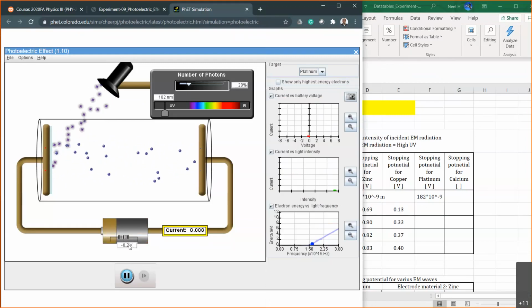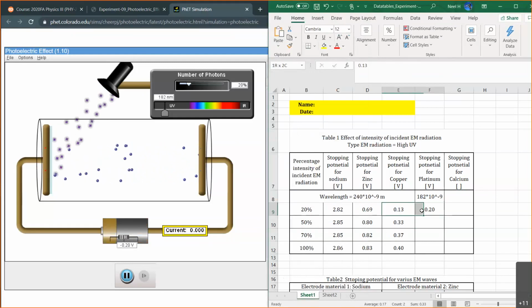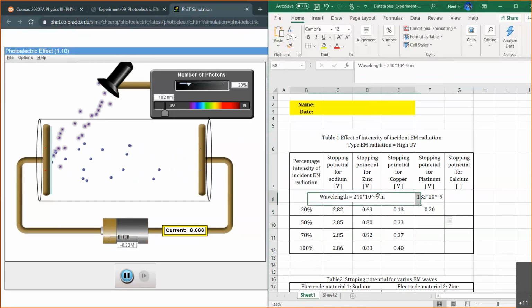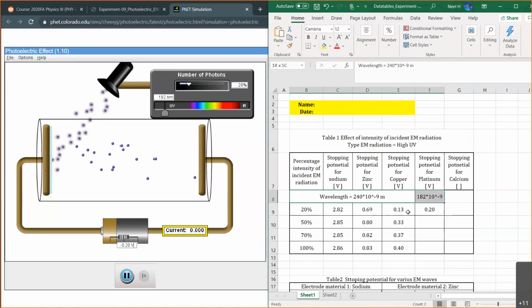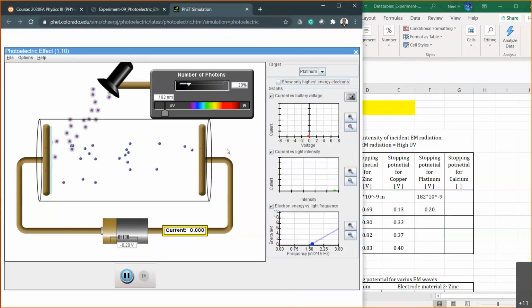Yeah, it should be about 0.12, 0.13, 14, 15, maybe 17, 19, 0.2. Okay, 0.2. So it's about the same as the copper, but slightly different now because I can't compare these two numbers exactly since the wavelengths are now slightly different. But you can see the behavior is almost the same because both of them are good metals.